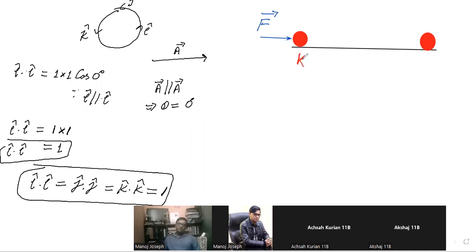This is the displacement represented by x because it moved in one direction. I'm representing it in 3D: 3I cap, 2I cap, 3J cap, and 4K cap. This is the displacement vector.